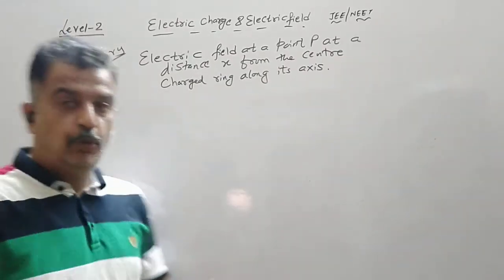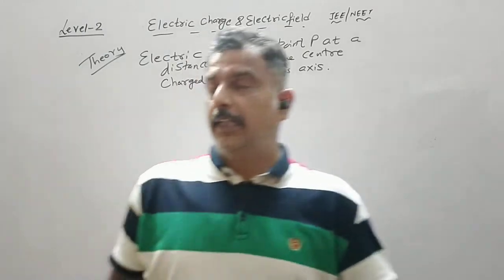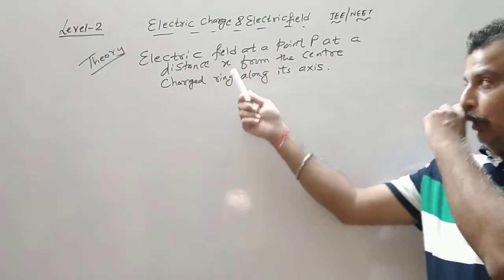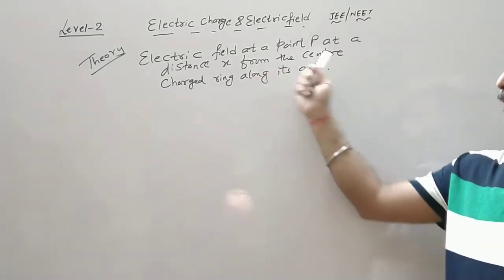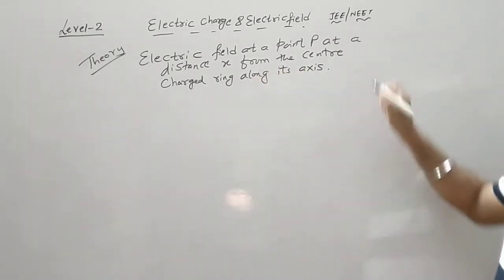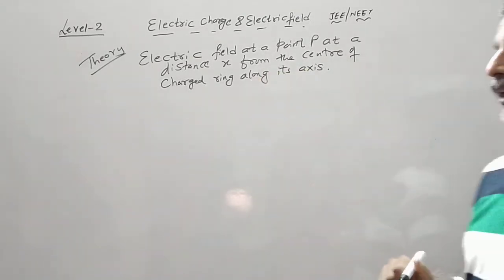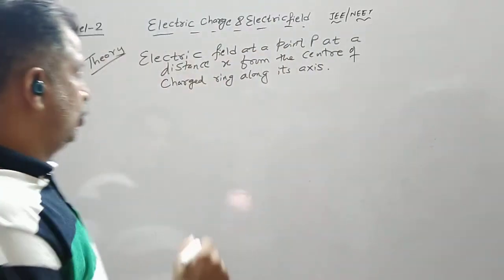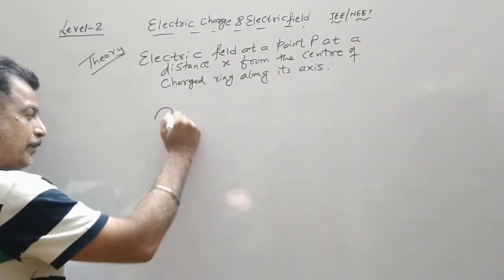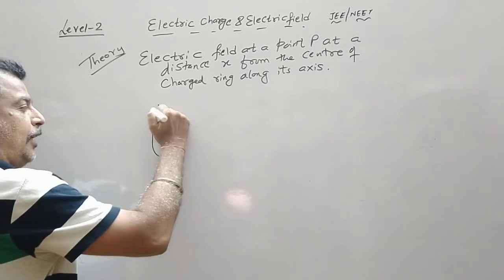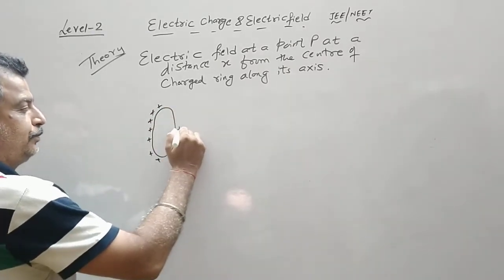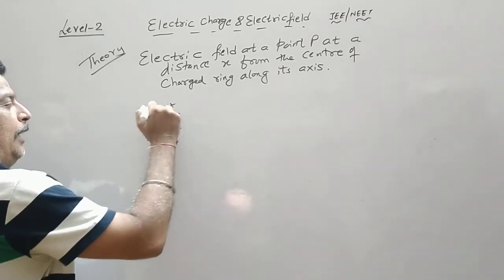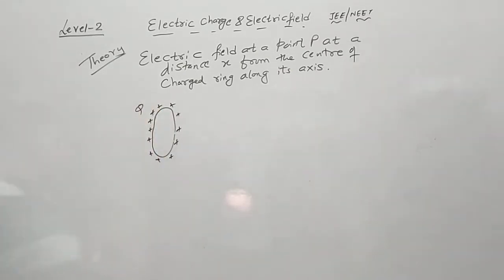Now before we move on to MCQ number 19, let us do a theory. You have to find out the electric field at a point at a distance x from the center of a charged ring along its axis. So the source is a ring which is charged. Let us say the charge is positive. The amount of charge is q.